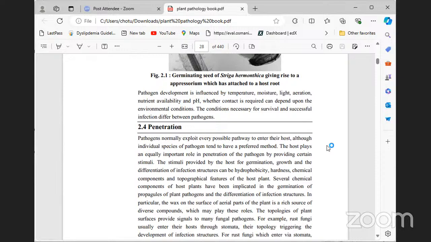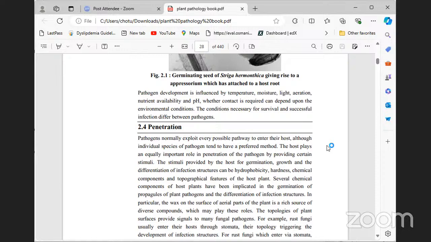The host plays an equally important role in the penetration of the pathogen, providing certain stimuli. The stimuli provided by the host for germination, growth, and differentiation of infection structures can be hydrophobicity, hardness, chemical components, and topographical features of the host plant.